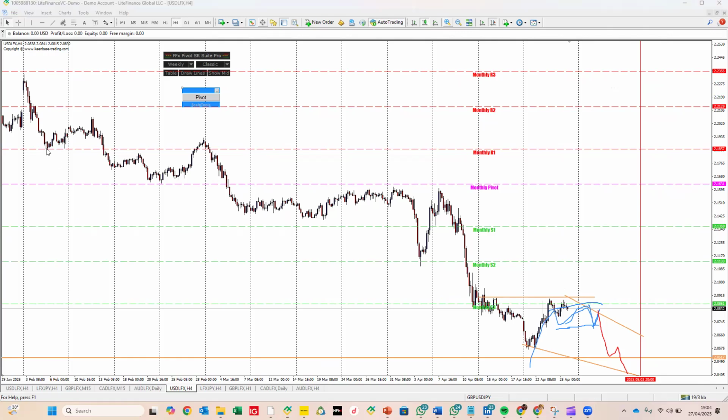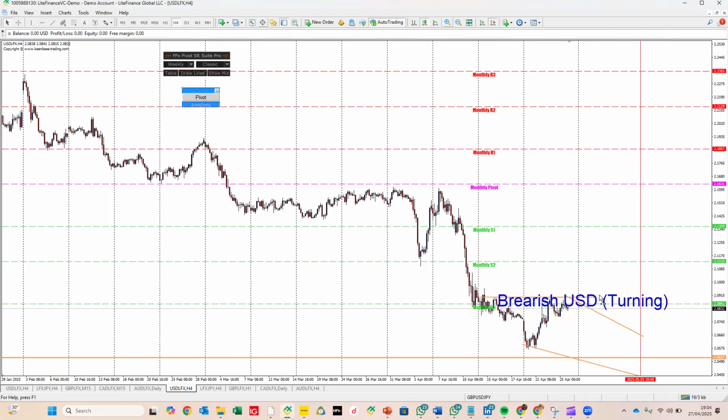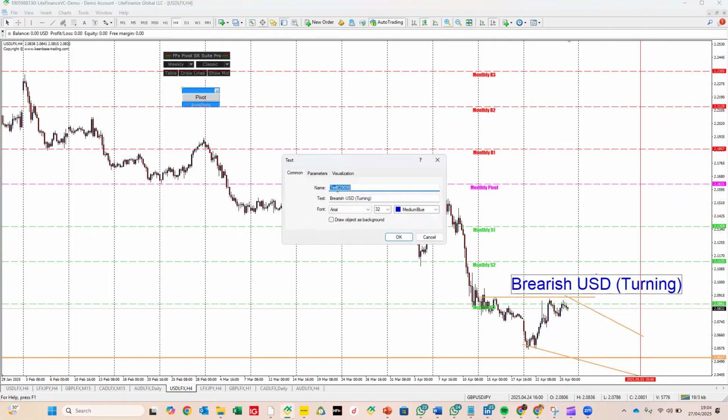So let me clear all this drawing. And then I'm going to be putting something around here that suggests that I'm expecting a bearish USD. A bearish USD turning, because it's actually at the turning point right there. So I'm expecting that the US is going to be bearish, turning.